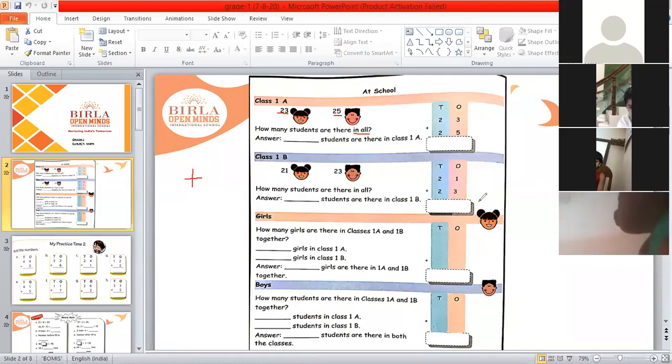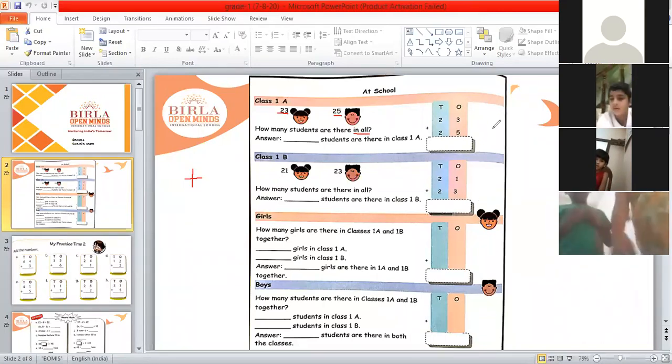Yes, Ashrita. 23 plus. Yes. Very good. Yes, very good, Ashrita. 23 plus. Yes, what is the next number? 25. Yeah, very good. So this is the correct answer, children. This is how you have to read this question. So this is 23 plus 25.